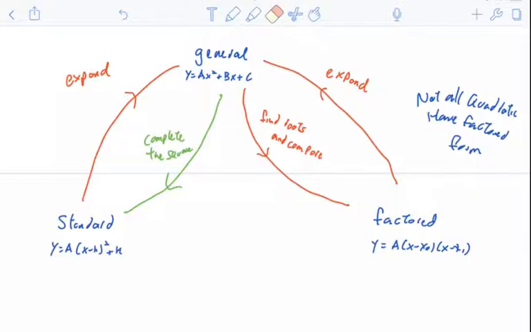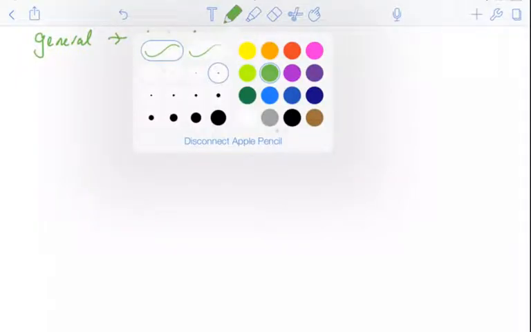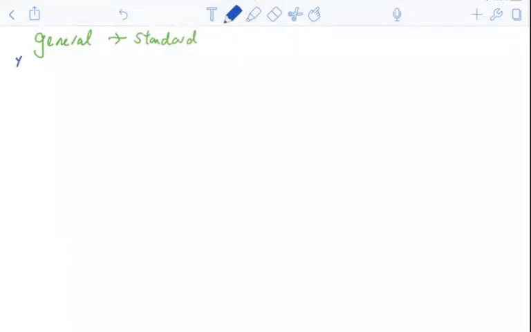Let's talk right now about how to go from the general form to the standard form. It uses a procedure just like completing the square. Okay. So the general form is ax squared plus bx plus c. Remember those are capital letter constants, okay?